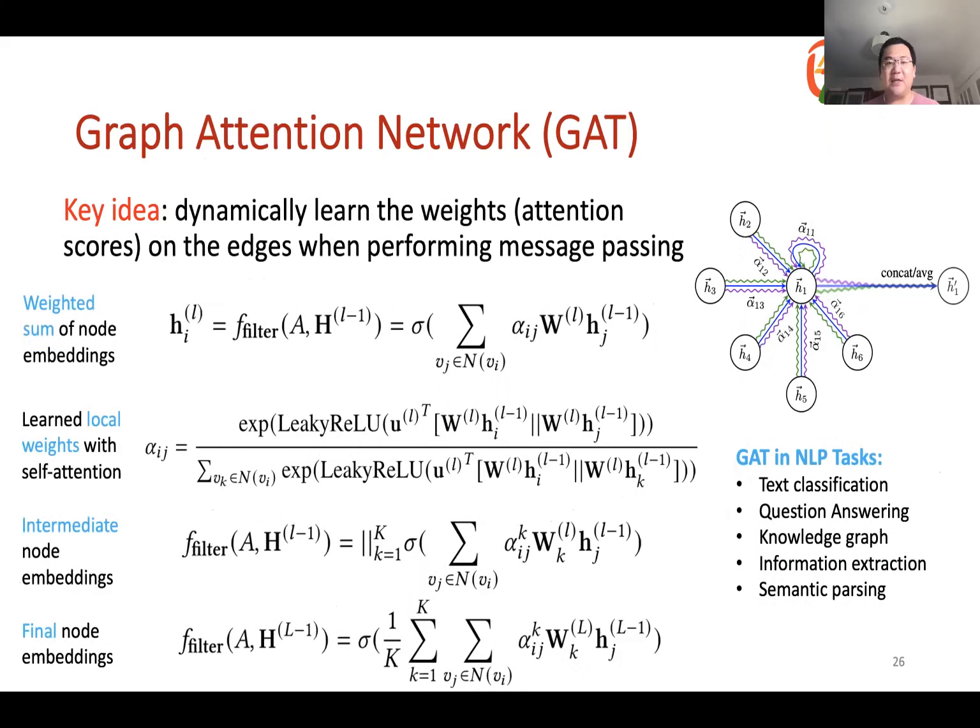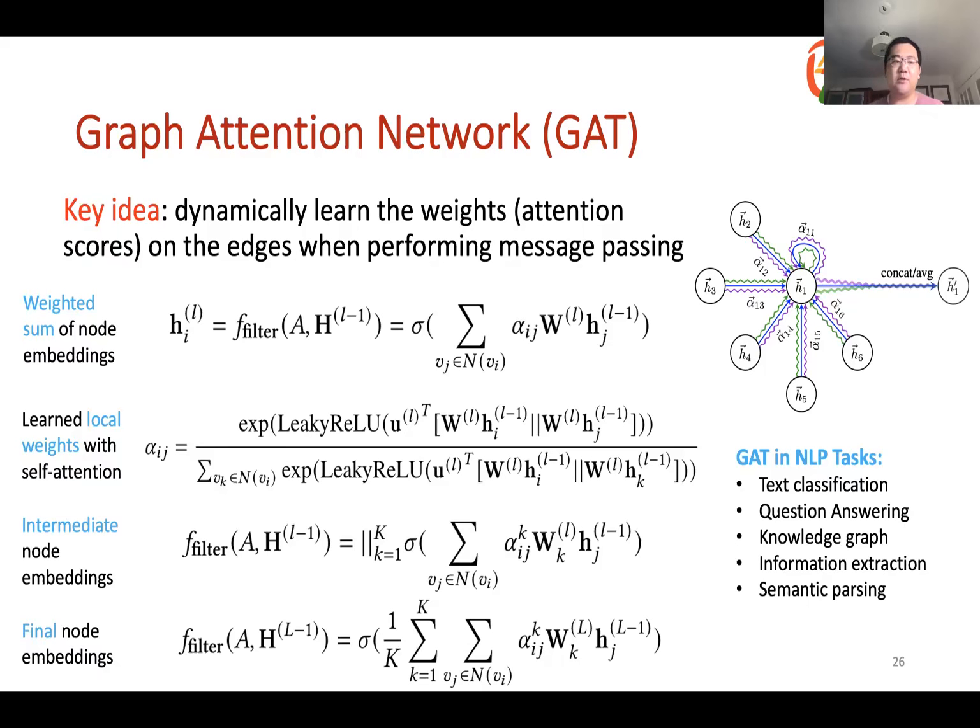The third group is called graph attention network. The key idea here is to dynamically learn the weight. You can think about the weight as a kind of attention score on the edge when performing message passing. The rationale is that all the previous work treats graph nodes equally in contributing to the final graph representation learning.